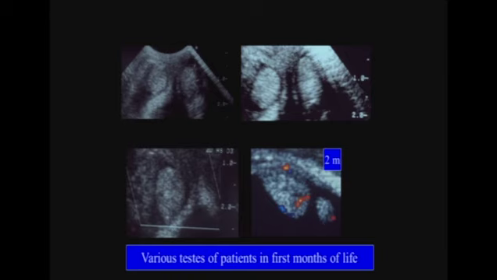This is an image, or 4 images, of various very young children within the first months of life and how their testes look. The 4th image has color flow in it.